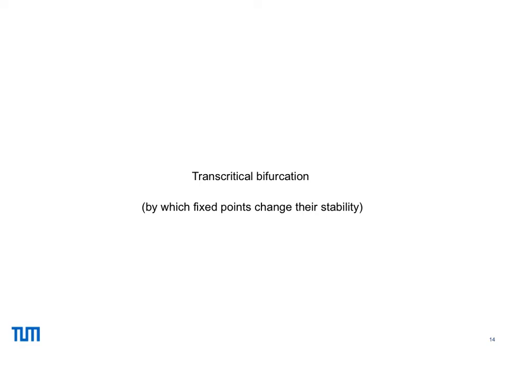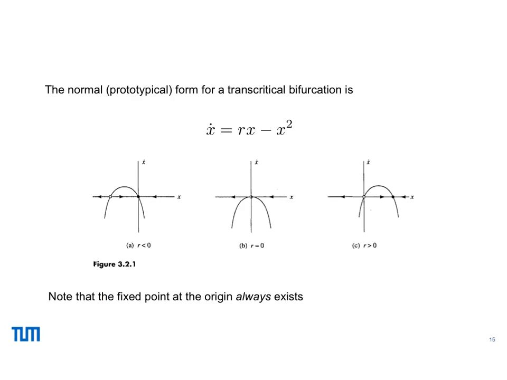Okay, this is another typical bifurcation. It's called transcritical bifurcation. In here, the fixed points do not just appear from nothing or disappear. They are always there, but they change their stability. And the prototypical, the archetypal function is going to be this one.